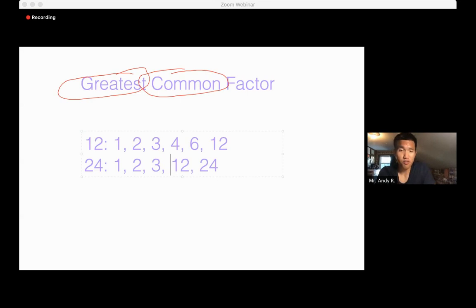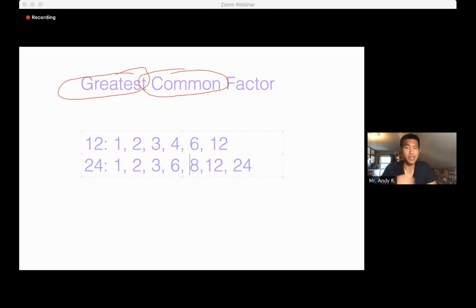Yes, 3 times 8 equals 24. And then 5, nothing times 5 equals 24. 6? Yeah, 6 times 4 equals 24.